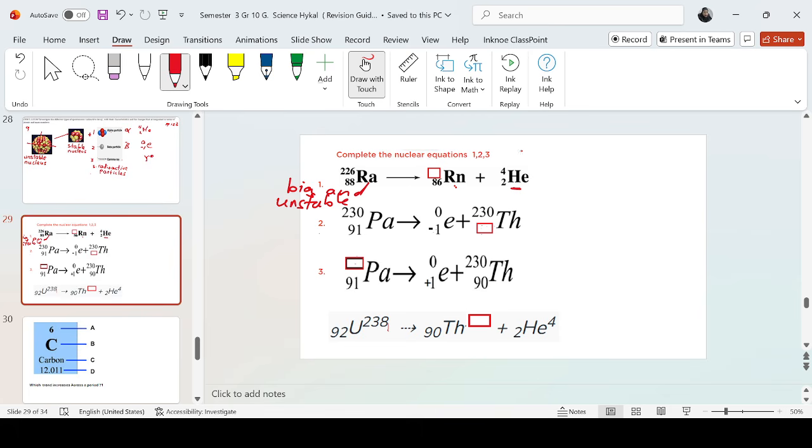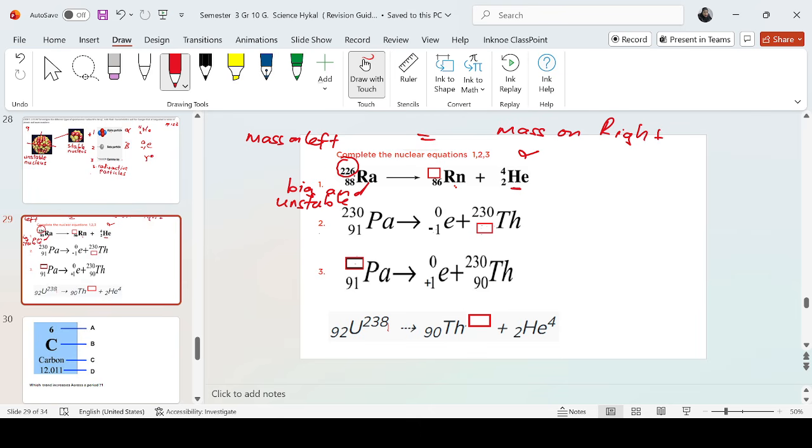Helium is an alpha. But the mass on top to the left, the mass on the left side must be equal to the total mass on the right hand side.